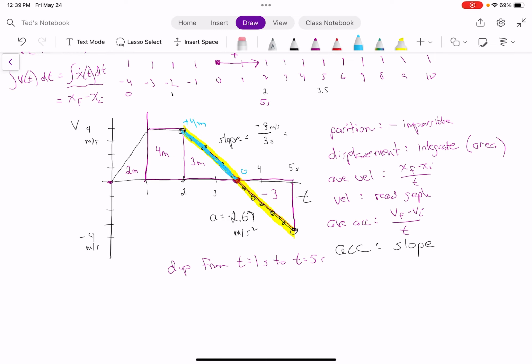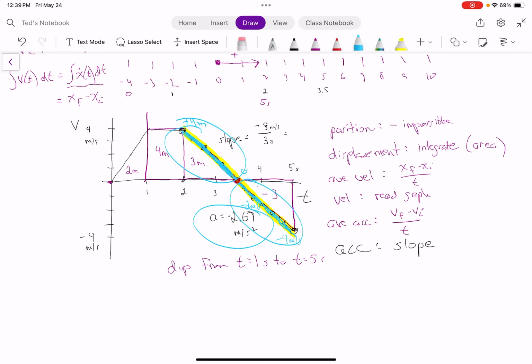But when it gets to 0, then it starts going backwards, and it starts out going backwards slowly, and now it's going faster and faster backwards, because -4 meters per second is faster than -2 meters per second. So it was slowing down during this part of the graph, but it was speeding up during that part of the graph, and yet the acceleration was negative the entire time.